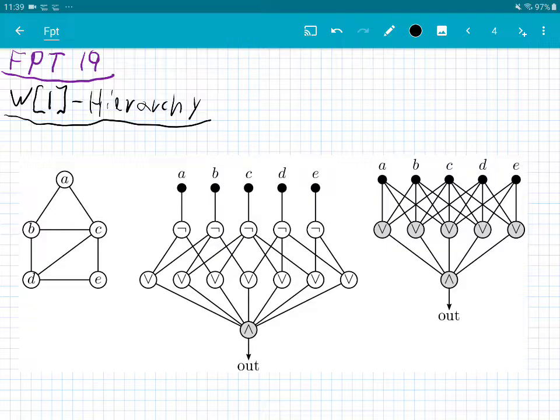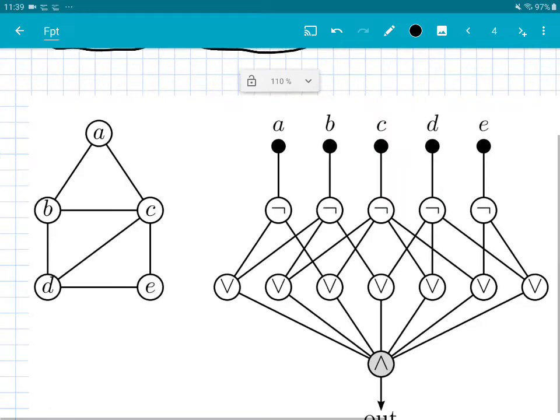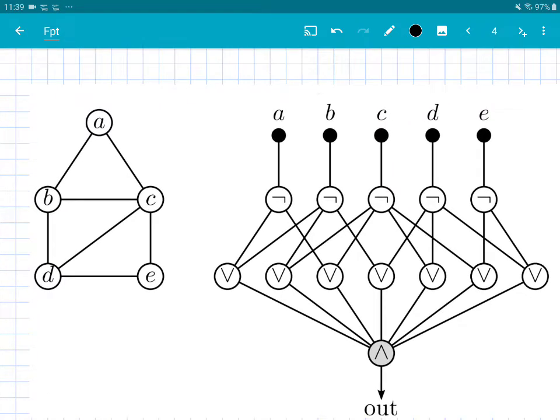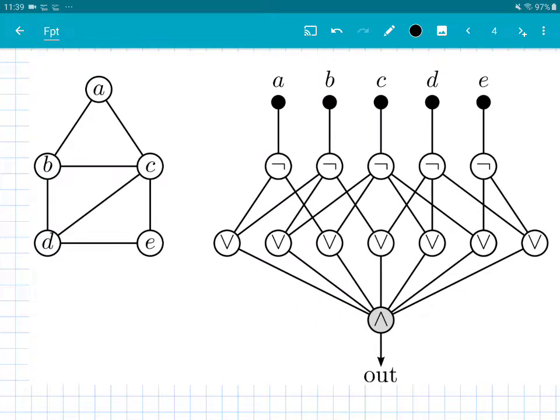So consider the problem of independent set, right? So you have a graph, and you would like to build a circuit that outputs whether or not the graph has an independent set, right?